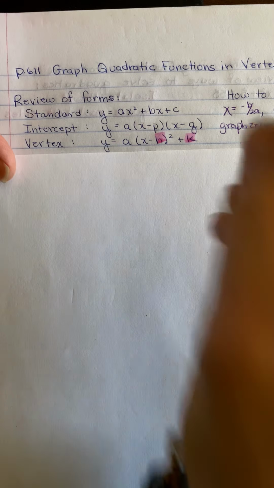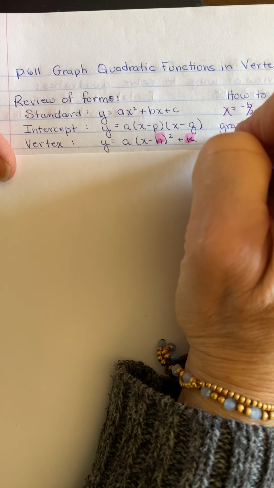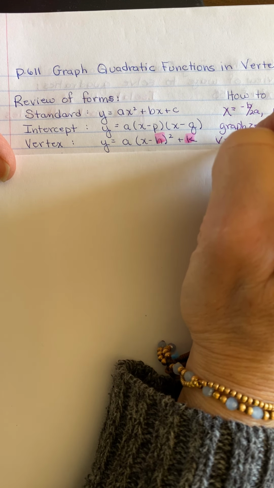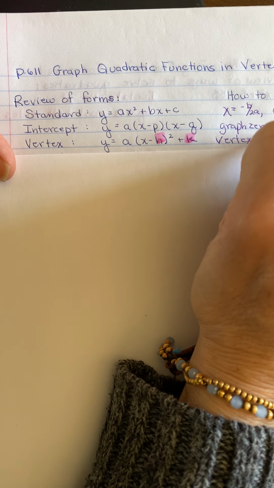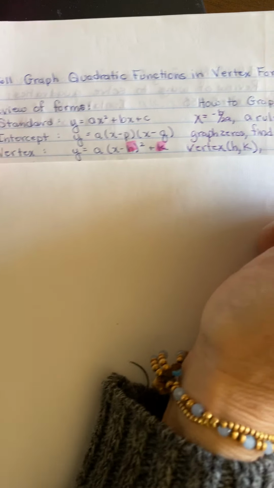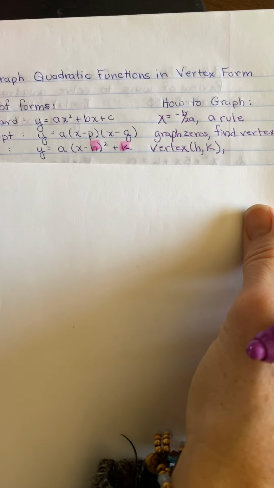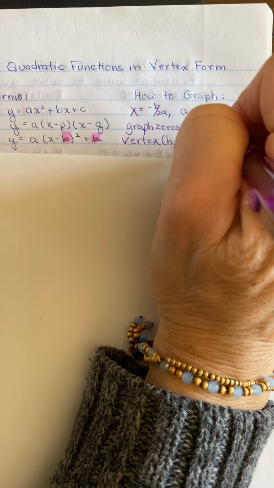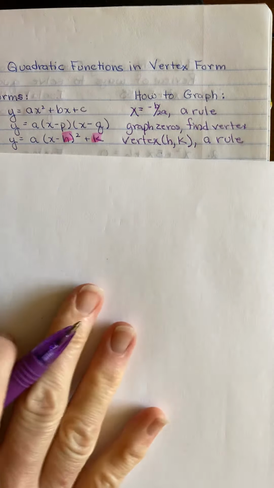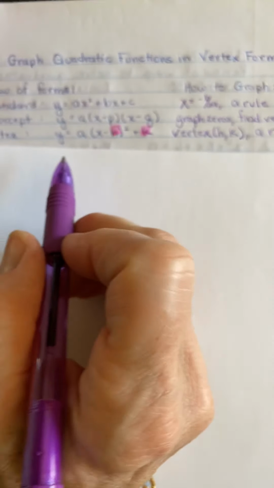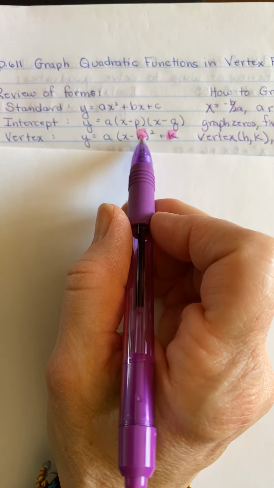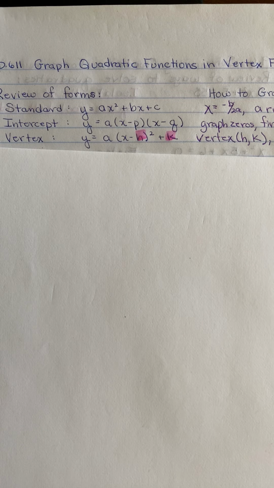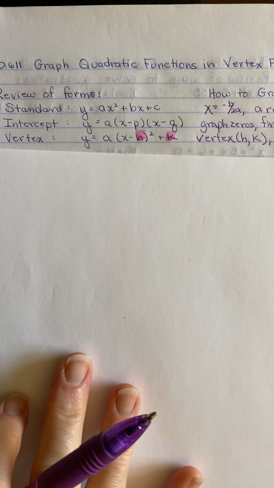That's your vertex. And then how do you get your other two points? We could just use the a rule again. So if it's given to us in vertex form, I hope you can still see that's an h and a k. I didn't mean to cover them up completely.